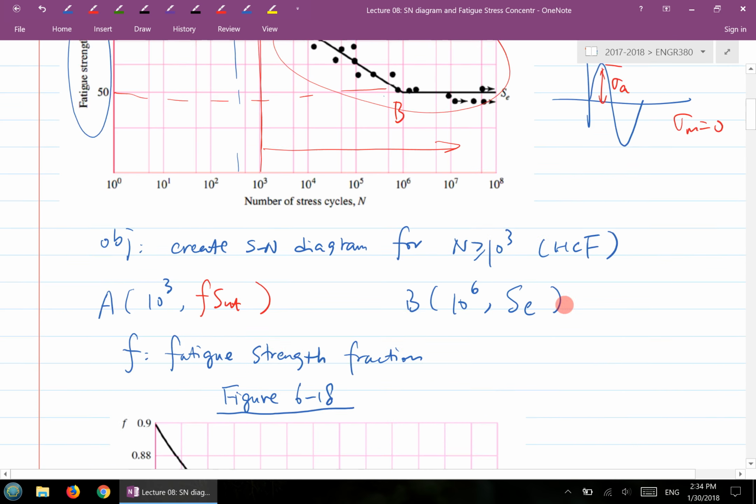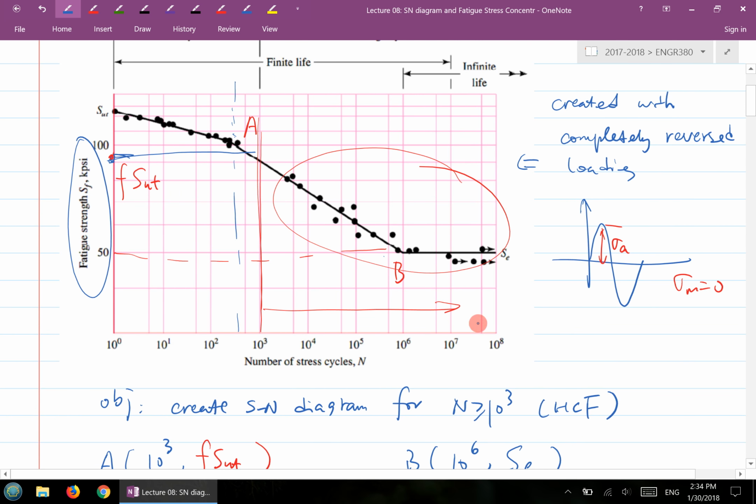Remember how this graph is obtained: you apply a completely reversed stress to the part, and then observe how many cycles it takes to fail. So this axis, which we call fatigue strength, is actually the amplitude of the completely reversed stress, sigma A.